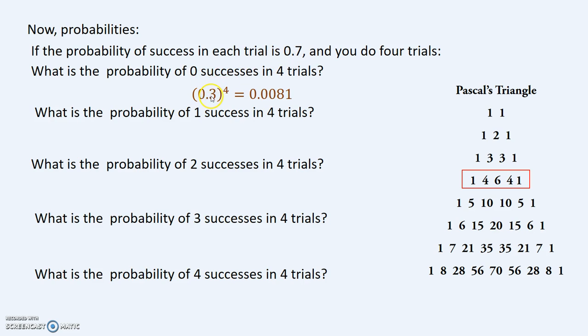So 0 successes means 4 failures. So these are 4 failures to the power 4. Okay, 1 success in 4 trials. Well, 1 success, so 0.7 to the 1, 3 failures, so 0.3 to the 3. But there's 4 different ways that can happen. So 4 times 0.7 to the 1, 0.3 to the 3.